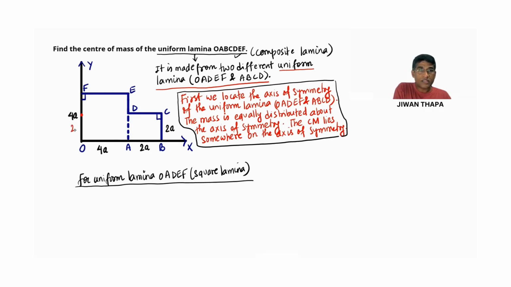So this length is twice A. And let us take this point, the midpoint of OA, and this distance is twice A. Now, let us draw a vertical line from this point.